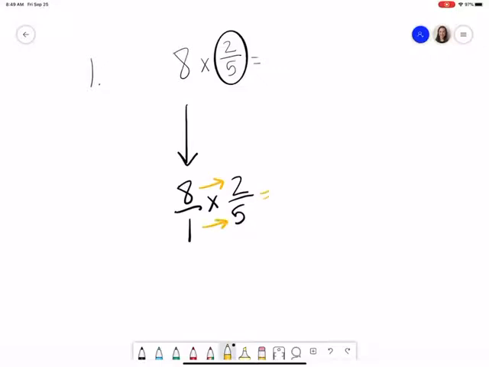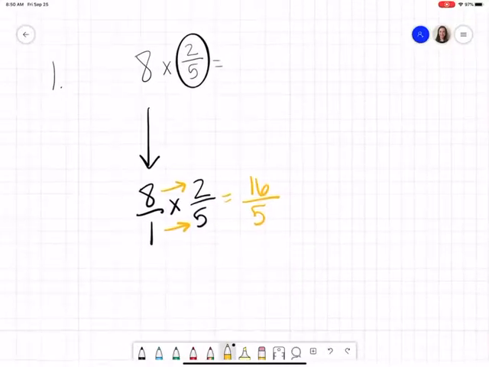That's different than addition. In addition, our bottom stays the same. We don't change it, and we just add across the top. Okay, but this is multiplication, so we're going to multiply across the top and multiply across the bottom. 8 times 2 is 16. 1 times 5 is 5.